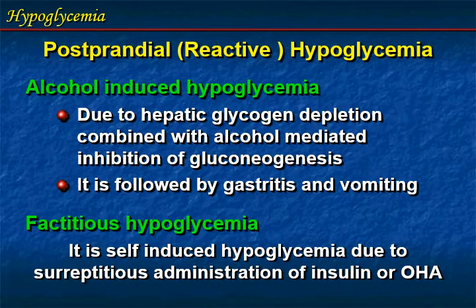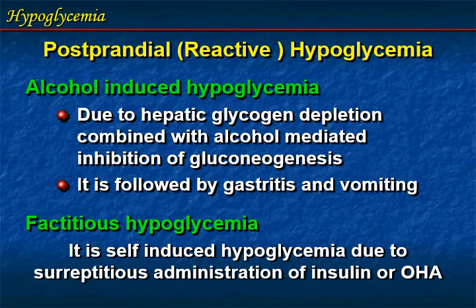We said about alcohol, and thank God we don't have a lot of alcohol in Egypt. It's in the Western societies. And this is a postprandial hypoglycemia. This alcohol-induced hypoglycemia is due to depletion of glycogen in the liver combined with alcohol-mediated inhibition of gluconeogenesis. So we have two elements at the first point. Number one, depletion of hepatic glycogen.